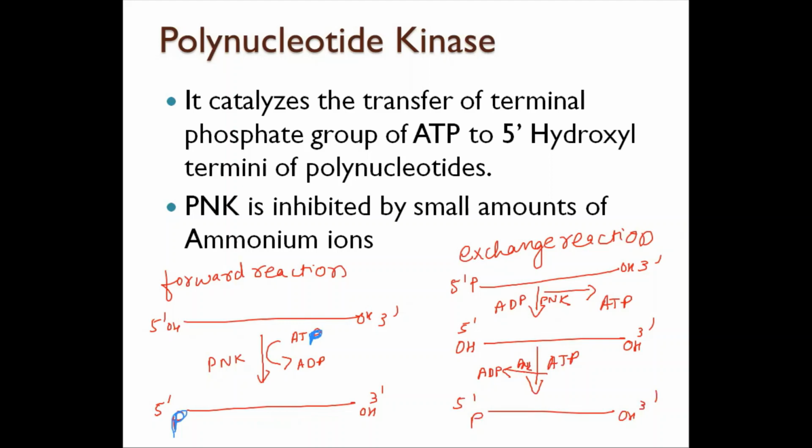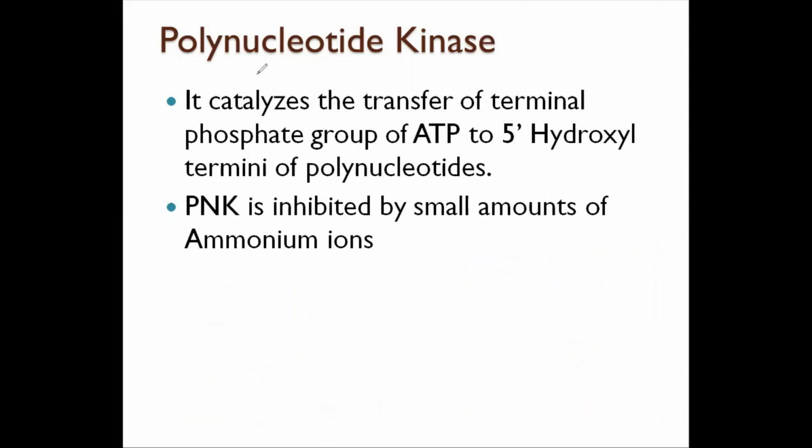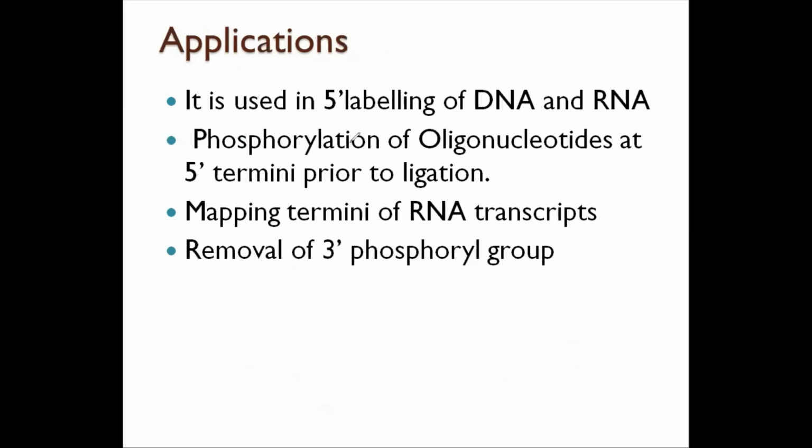So you might have understood what a forward reaction and an exchange reaction of PNK are. Now let's see where PNK is used. As I told you earlier, it's used in 5' labeling because I want to put a phosphate there. Phosphorylation is addition of phosphate, and dephosphorylation is removal of phosphate.